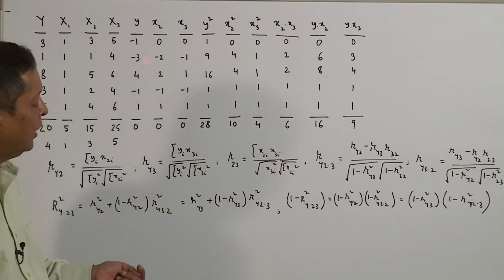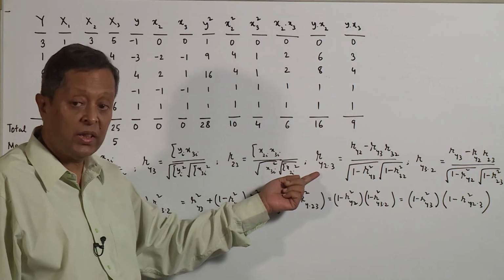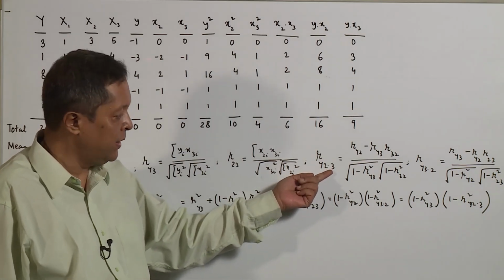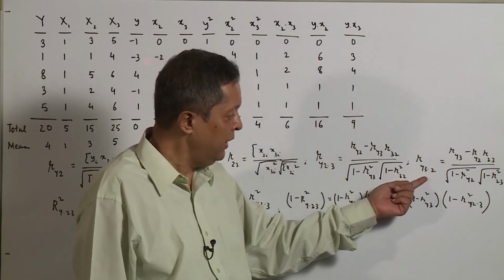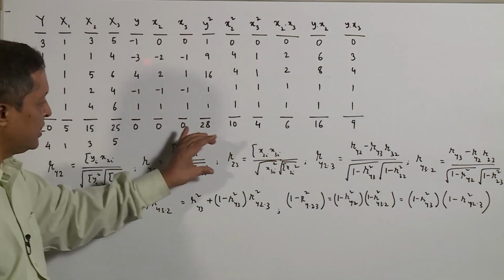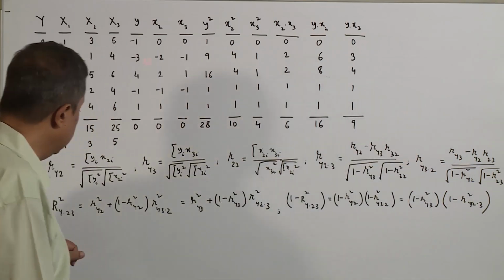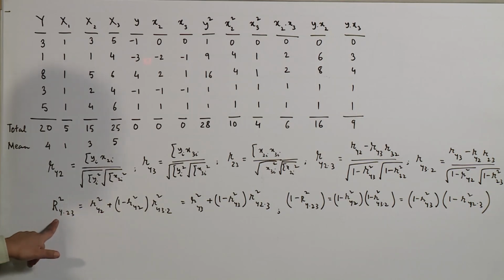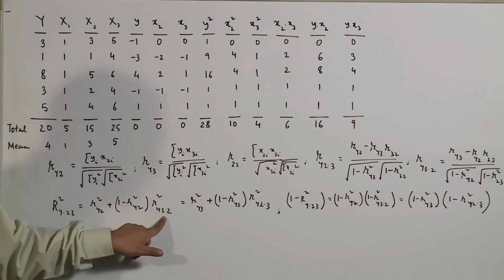Then we also recall the formula for partial correlation between y and x2 given x3, and similarly partial correlation between y and x3 given x2. So, that gives us simple and partial correlation coefficients, and finally the relation between simple, partial and multiple correlation is given as this first part.